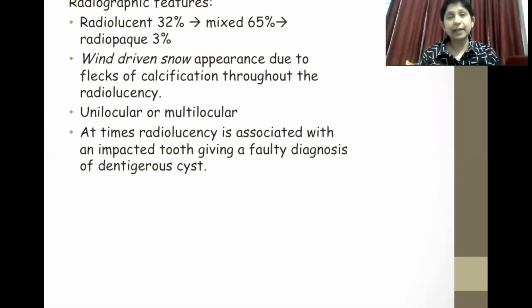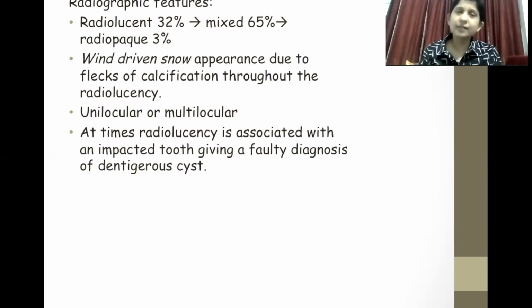That is, it will have radiolucent as well as radiopaque appearances. And gradually, as this tumor matures, it causes a more focused radiopacity. Radiopaque lesions are only 3% when they are seen. The mixed appearance on the radiograph is basically called a driven-snow appearance due to these small flecks of calcification along with the radiolucency.